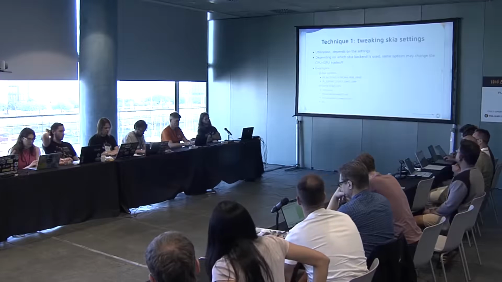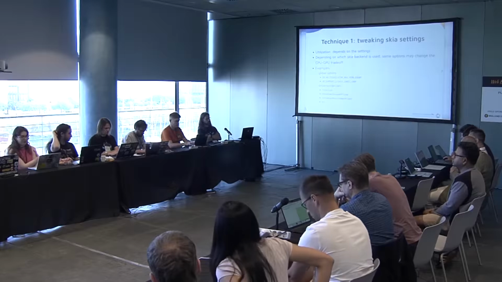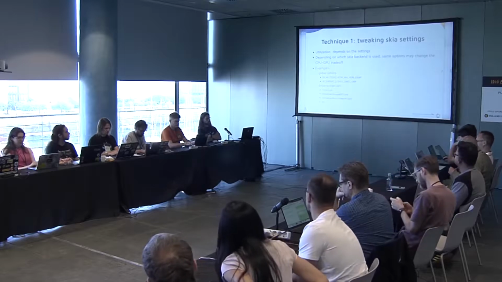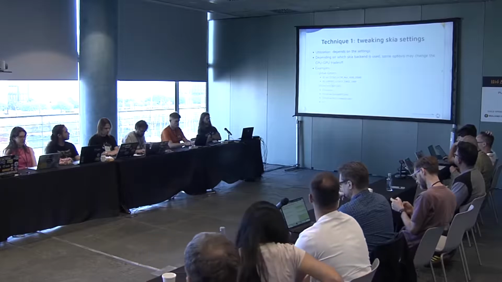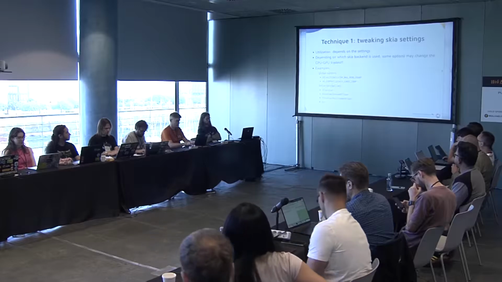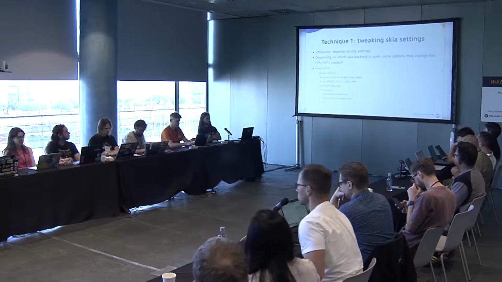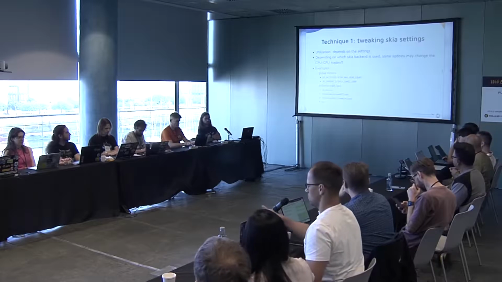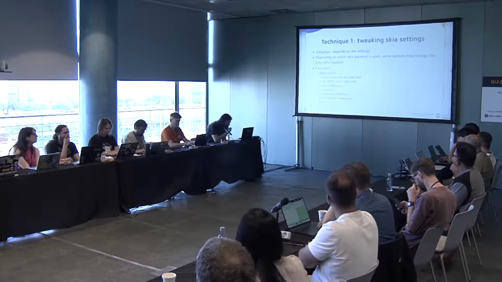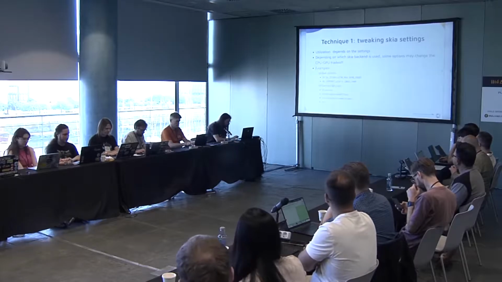I'm not going to explain them, but they are small things that, for example, may impact some thresholds, where below the threshold we're using CPU more for a certain operation, or above the threshold we're using GPU more, and things like this. So that's the first technique. You can basically tweak the Skia settings and just measure your GPU and CPU usage, how it changes, and if it's fine for you.